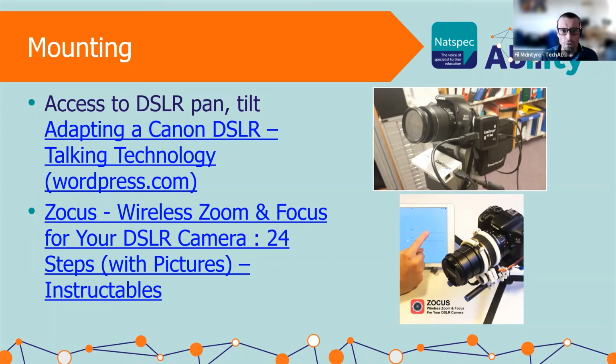The bottom one, the Zocust, you might have seen featured on a BBC TV programme, I can't remember the name, but basically that was making products accessible for people with disabilities. But the one up the top doesn't work on hardware, it works more on software and plugs in to the camera and accesses the software that way.